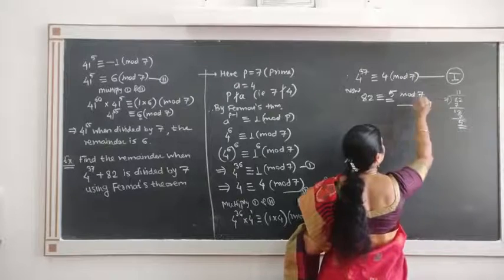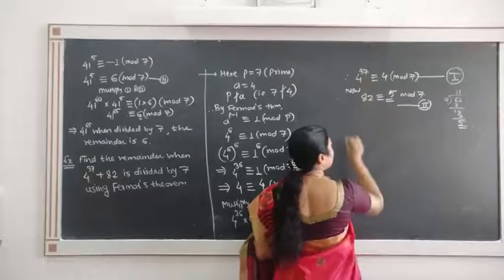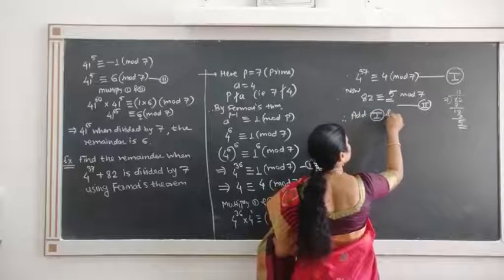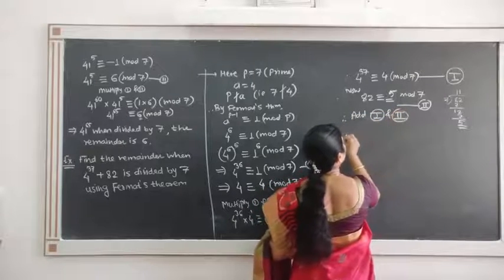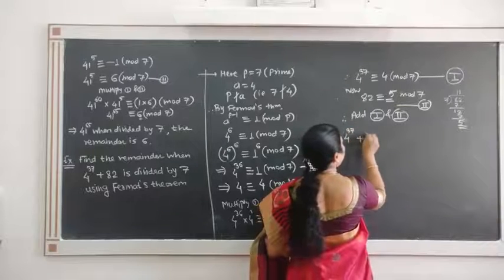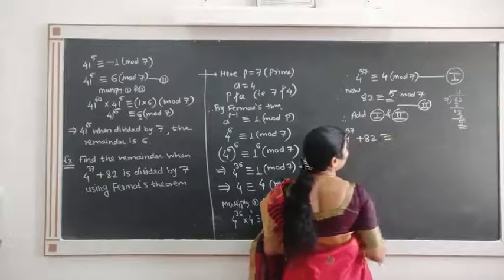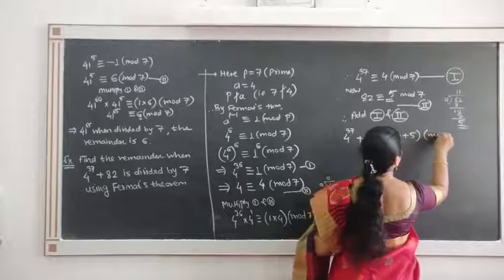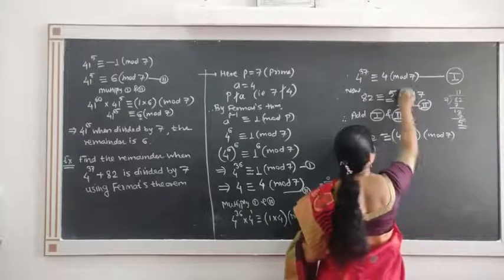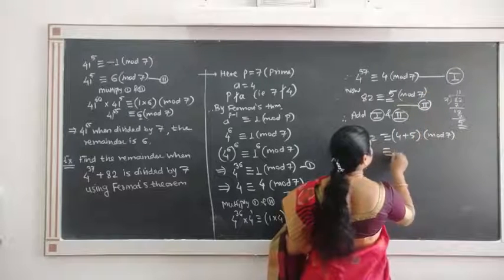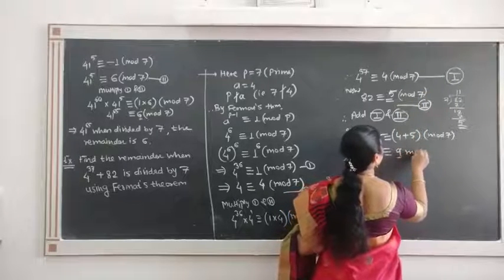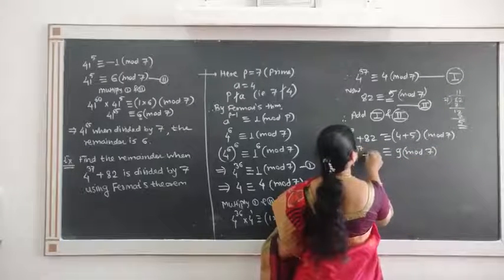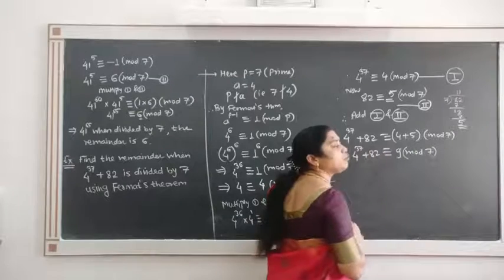This is our second equation, and we want to add these equations. So add the first and second equations. So we get 4 raised to 37 plus 82 is congruent to 4 plus 5 modulo 7. 4 plus 5 is 9. So 4 raised to 37 plus 82 is congruent to 9 modulo 7.